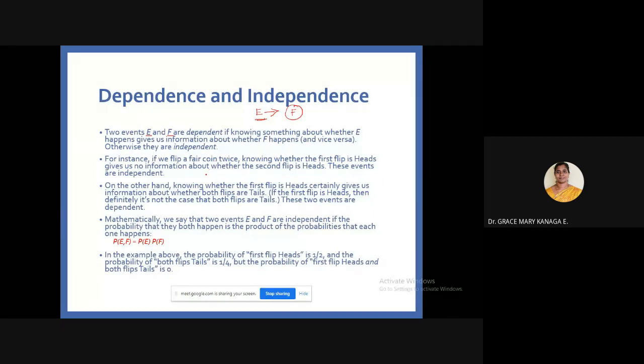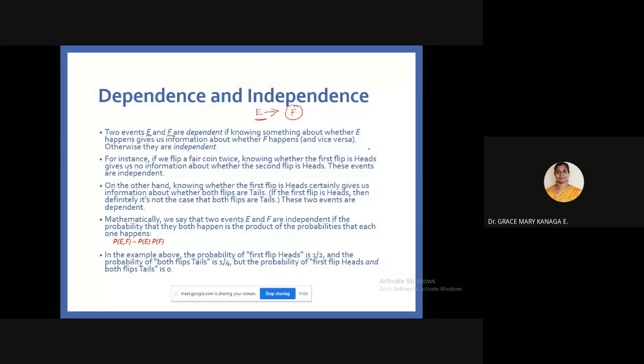For instance, if we flip a fair coin twice, knowing whether the first flip is heads gives us no information about whether the second flip is heads. These events are independent. You can't say that since the first flip is head, the second may be tail.